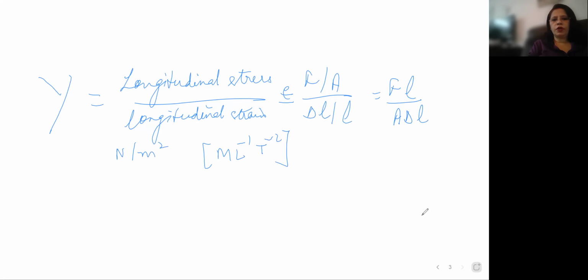Now bulk modulus. What is bulk modulus? B is equal to volumetric stress upon volumetric strain.